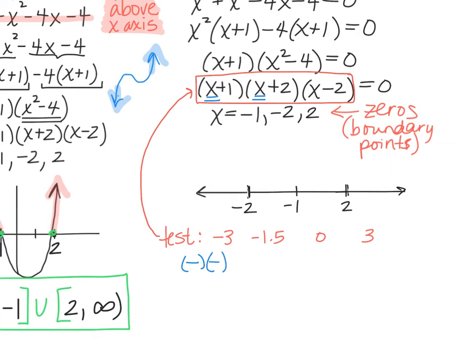So right now I have a negative times a negative. When I substitute -3 in for x minus 2, -3 minus 2 is a negative. So I end up with a negative times a negative, which will be a positive, times another negative, which results in a negative output overall.